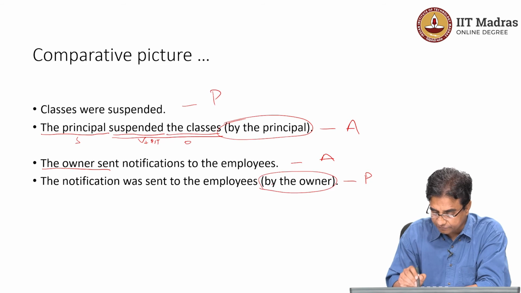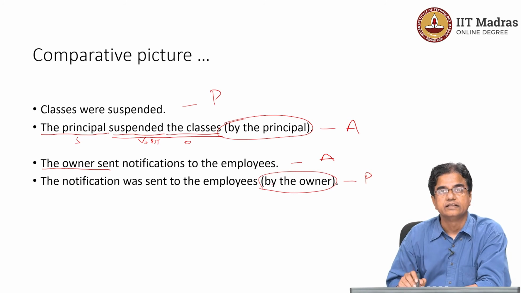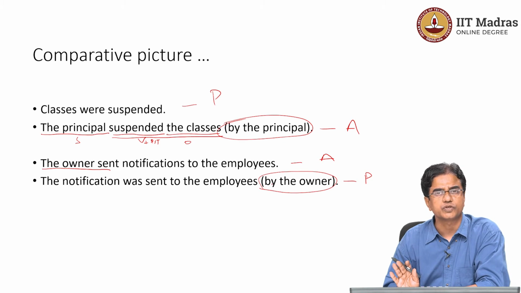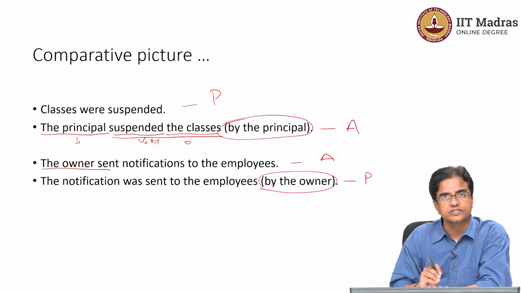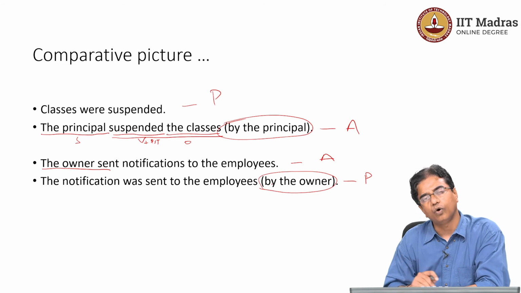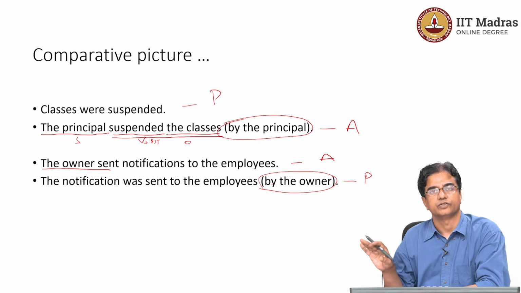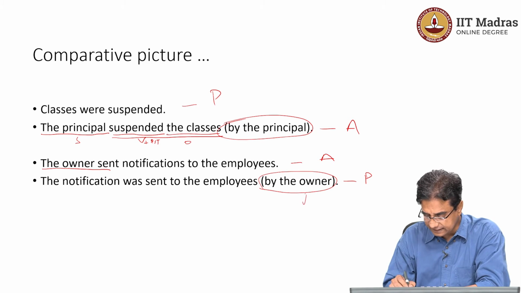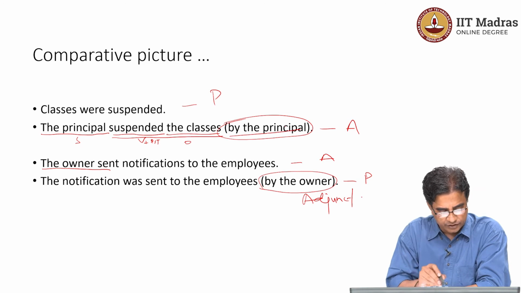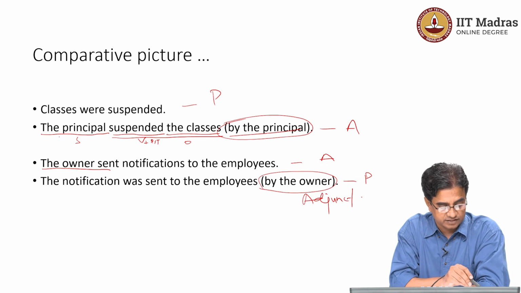So we can bring it here. We can put it at the end of the sentence, but even if we don't put it, it's not required, because we don't want this to be in focus either. So removing the focus, we put it at the end of the sentence, or we can decide to drop it also. In a way, this becomes an adjunct. This is why I have put it here. We know that the subject is the principal in the active sentence.